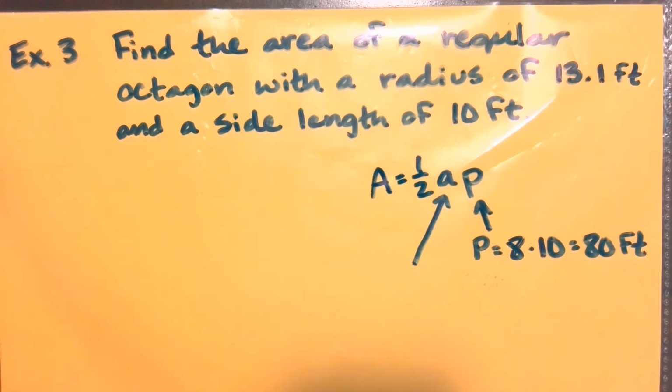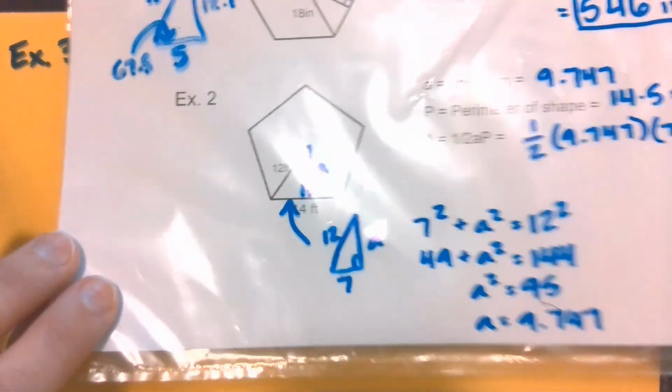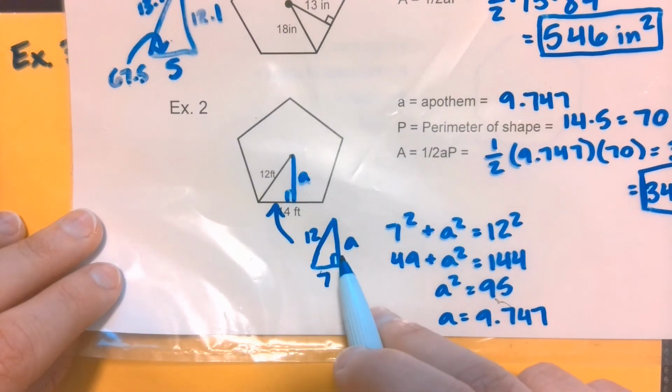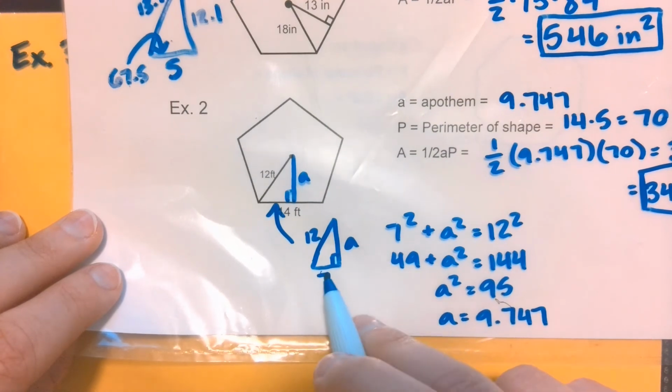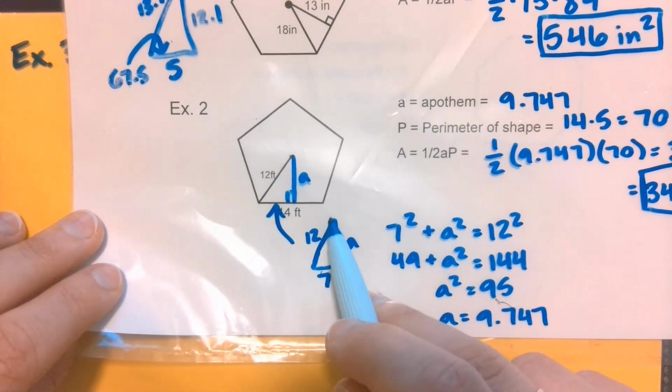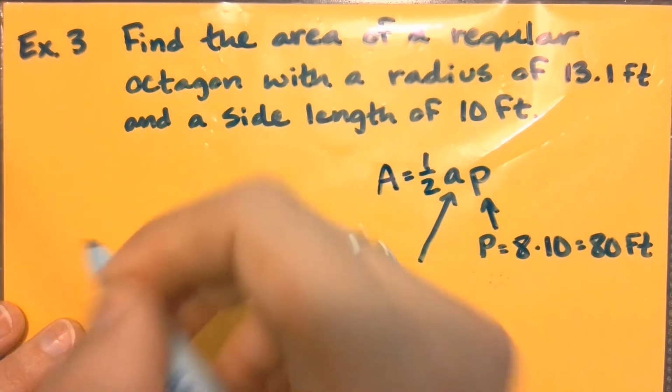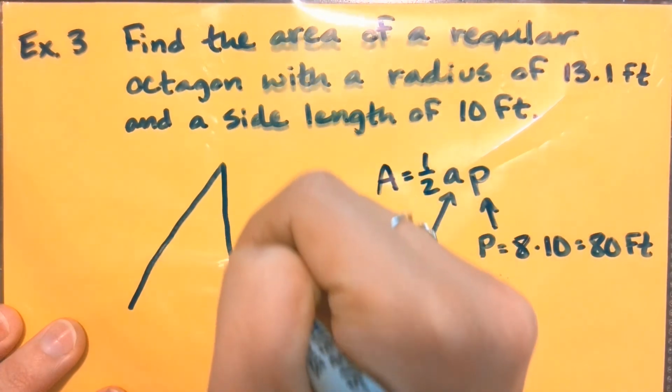Really, the only part that I need, like this last example, is that right triangle that has legs of the apothem and half of the side, and then the hypotenuse is the radius. So we're going to go ahead and recreate that triangle.